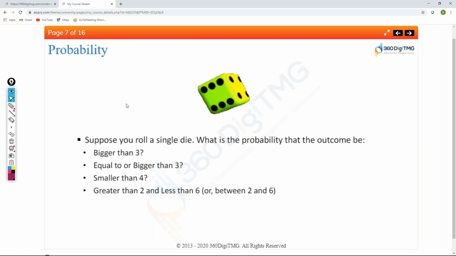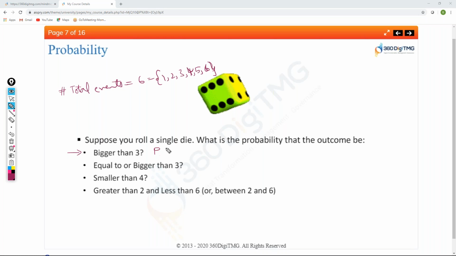Then let us look at these questions that we have. Suppose you roll a single die. Of course, die is singular anyway. What are the total possibilities? The total number of events would be 6. What would those 6 be? 1 or 2 or 3 or 4 or 5 or 6. This we know anyway. And then the question is, what is the probability that the outcome would be bigger than 3?